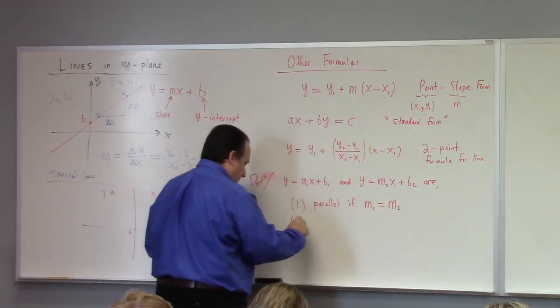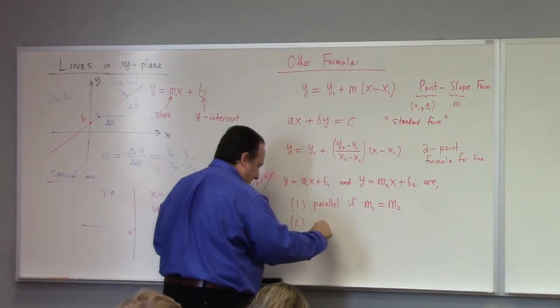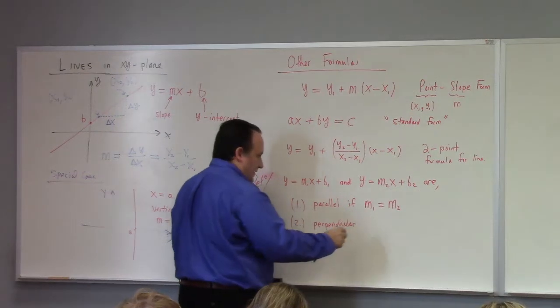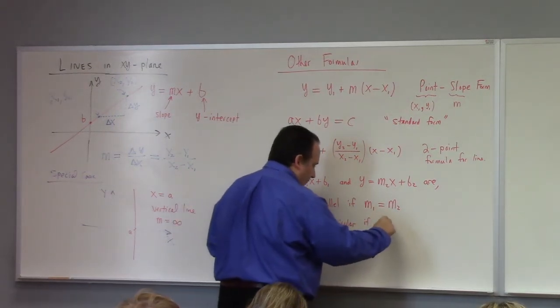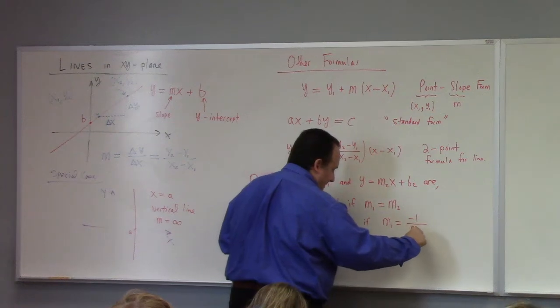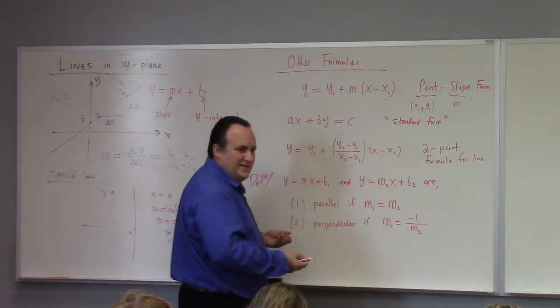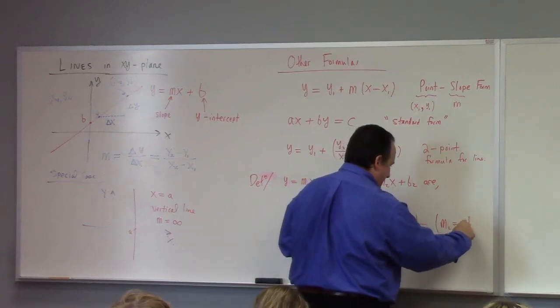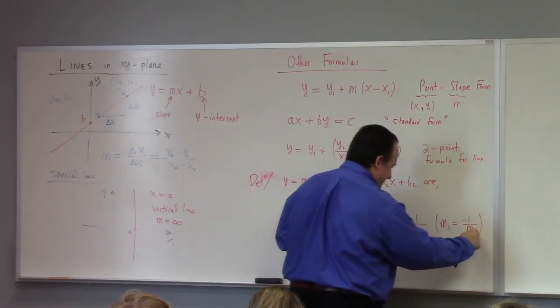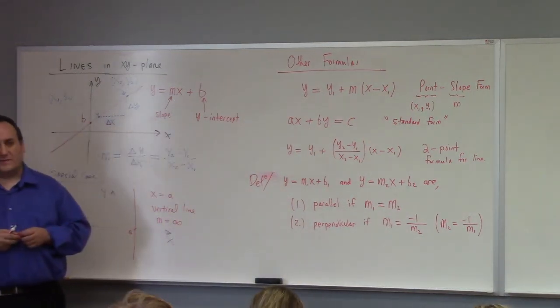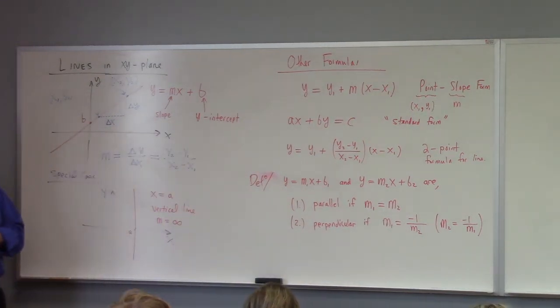And number 2, they're perpendicular if m1 is equal to minus 1 over m2, which is, by the way, the same as saying m2 is equal to minus 1 over m1. Isn't that neat? It doesn't matter which one is the negative reciprocal of the other. That's a symmetric relation with respect to 1 and 2.